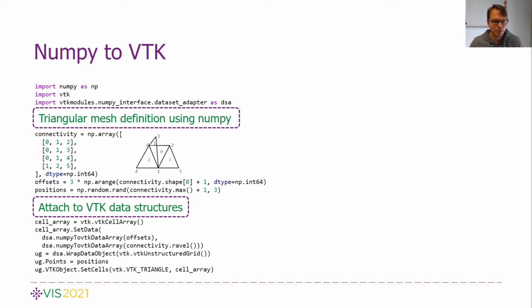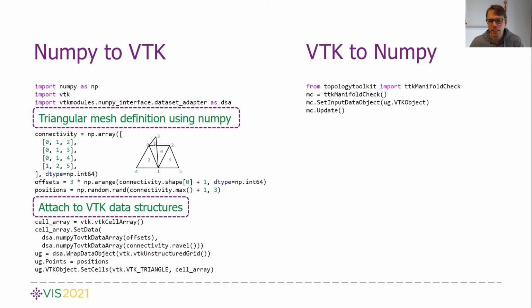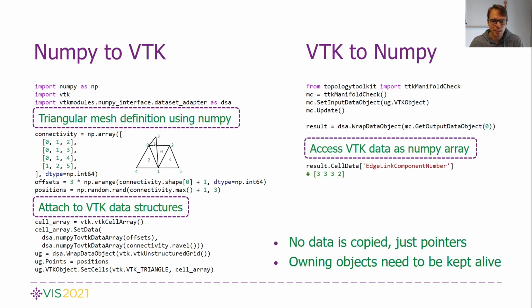The resulting VTK unstructured grid now references the data stored in the NumPy arrays, and this VTK object can be used like any other object. For example, you can apply a TTK filter on it. Once you have done that, the result is of course again a VTK data object, which you can also access by the NumPy interface, where you get NumPy arrays that reference the data that is stored in the VTK objects.